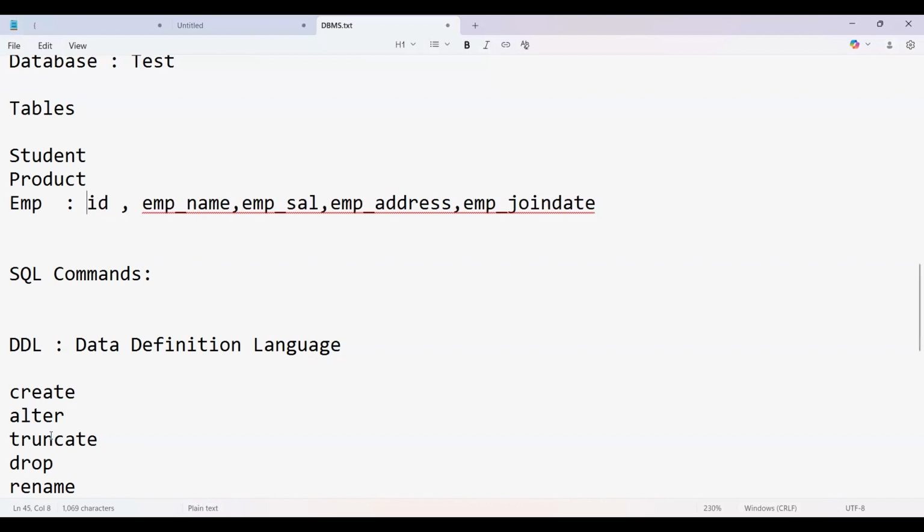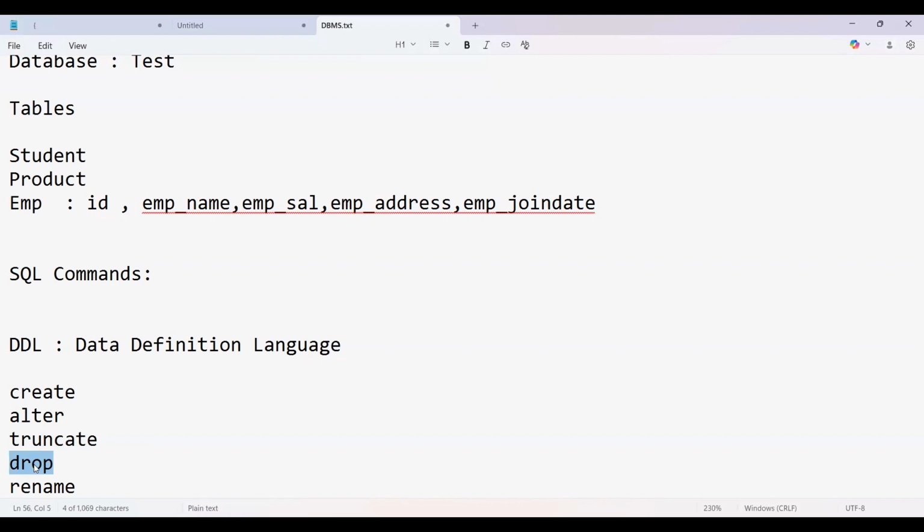Truncate is used to delete the data from the table. Drop means dropping the entire table. Truncate is deleting the data from the table, while drop removes the entire table.